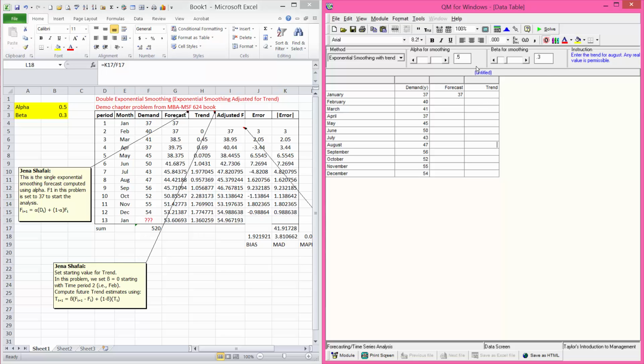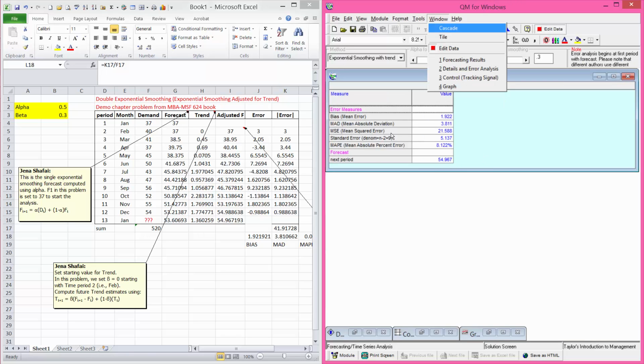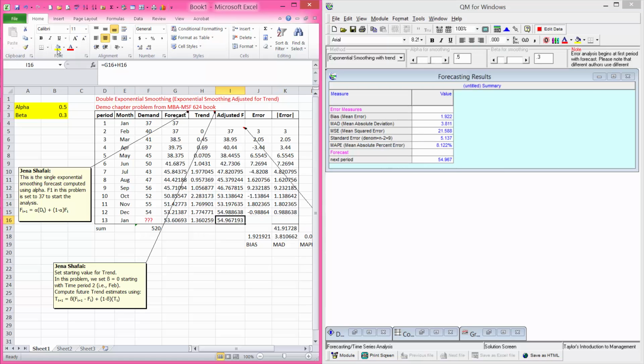With that, if I solve, I get the same 54.7, which is my adjusted forecast that I computed.